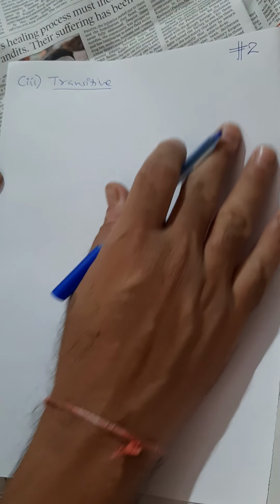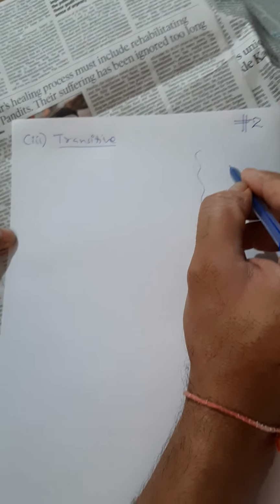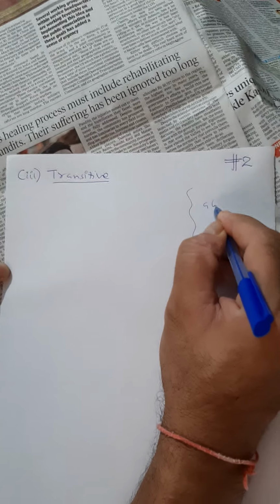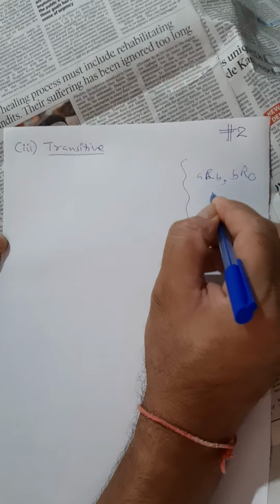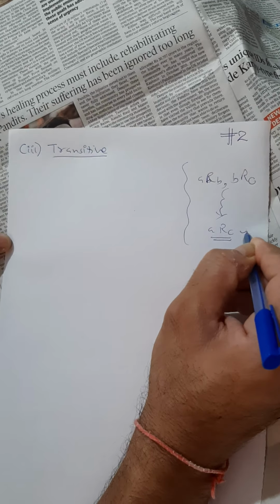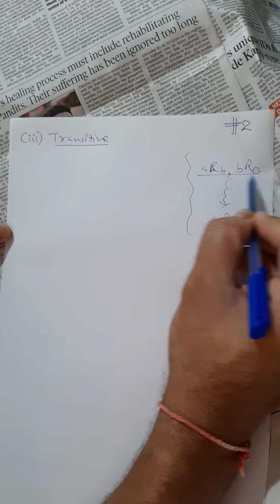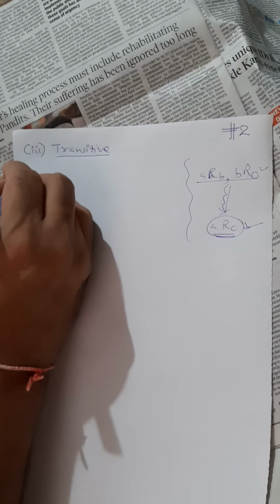Third, transitive property here. Let's recall: transitive property means you start with A related to B, B related to C, and with the help of this you show that A is related to C. Start with these two and get this. So I'll start with this.